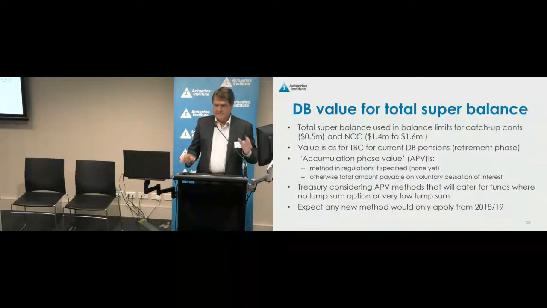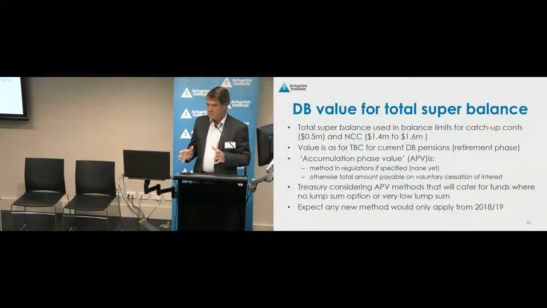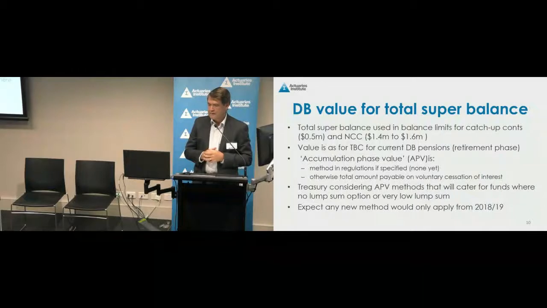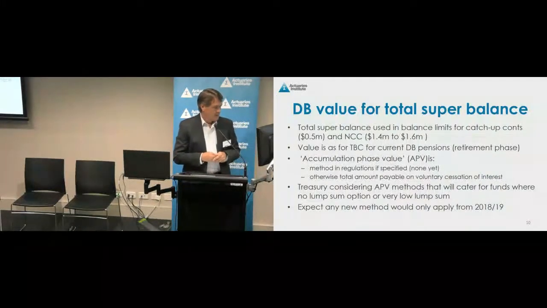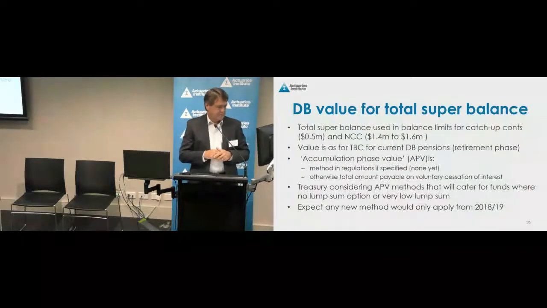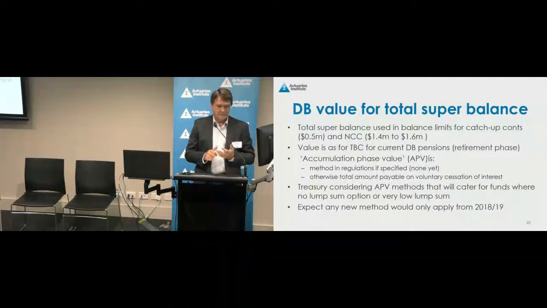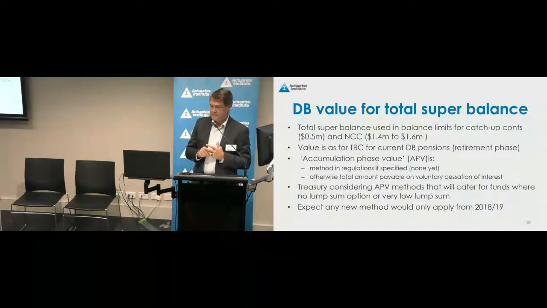Another one is that the transfer balance cap is used for other purposes, not just for assessing when people get to retirement phase and what they can keep within the tax-free investment environment. So the total super balance is used for assessing whether you can make catch-up contributions and whether you can bring forward your non-concessional contribution amounts.